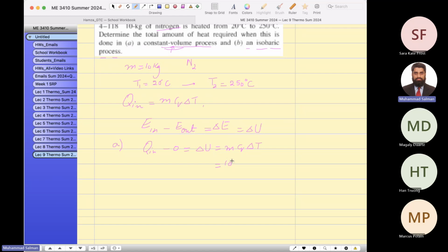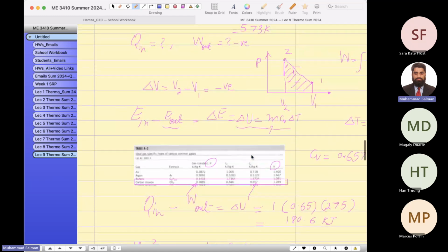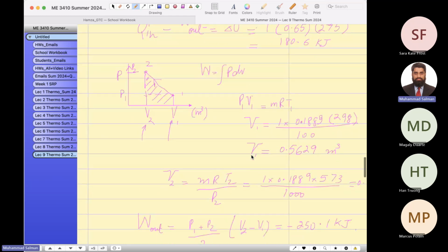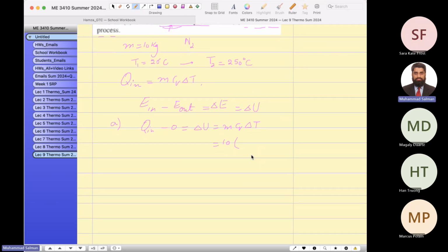Okay, guys, m is 10. For nitrogen, let me see if this is written here. It is not written in this table, but I can write it down for you. In table A-2B, Cp equals 1.045 kilojoules per kilogram Kelvin.